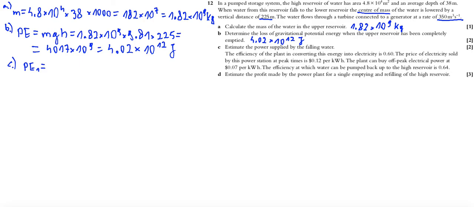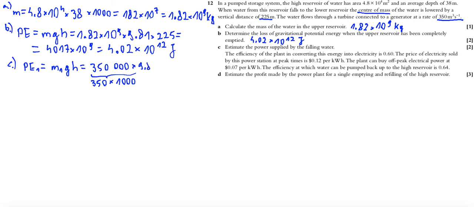The mass of this, let's name it mass 1, mass in 1 second, is of course 350,000 kilograms, because volume is 350 meters cubed and density is 1000 kilograms per meter cubed. So the mass of water which falls in 1 second in this system is 350,000 kilograms.